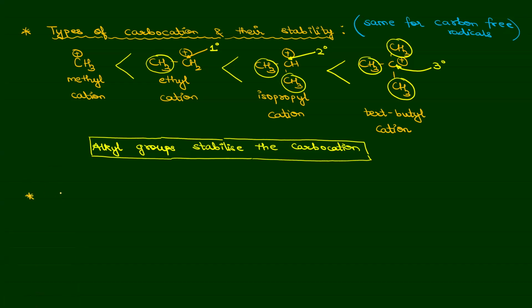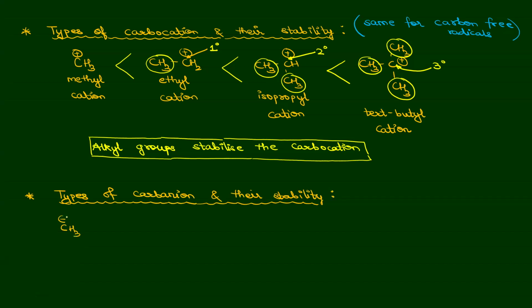Likewise, the third intermediate which we talked about was the carbanion. So we also have the types of carbanion and their stability to be compared. For the carbanion, I will just replace the plus charge by a minus charge. So I will get a methyl carbanion or methyl anion.